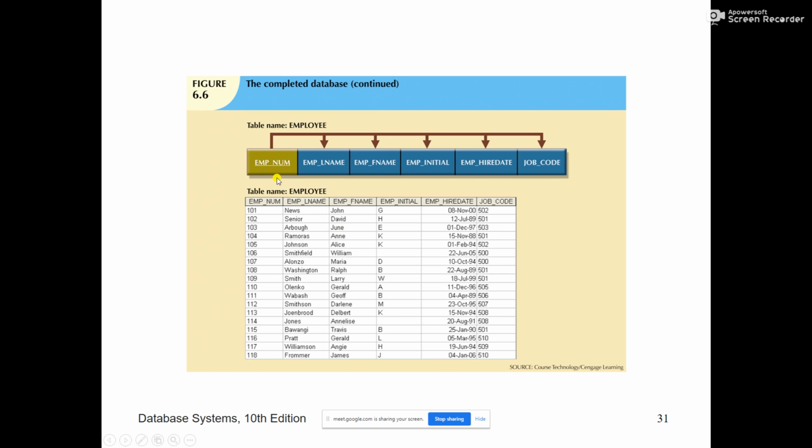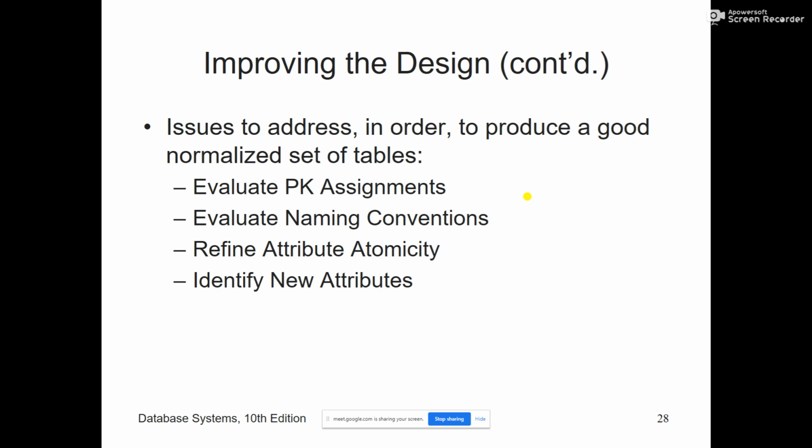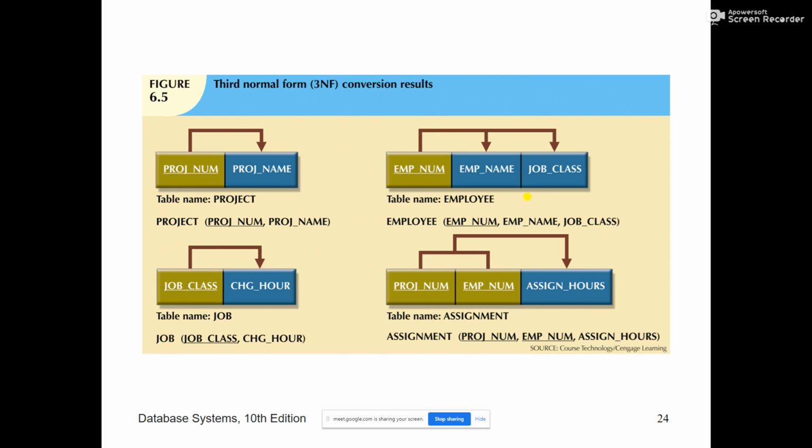Each time a new employee is entered into this employee table, a job class value must be entered, or job. Here they have improved it, changed it to job code. Let's go back here. Yes, in the employee table, every time you have to add a new employee, you have to add job class as well.